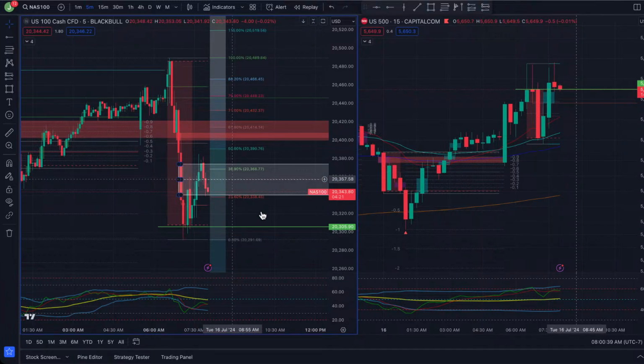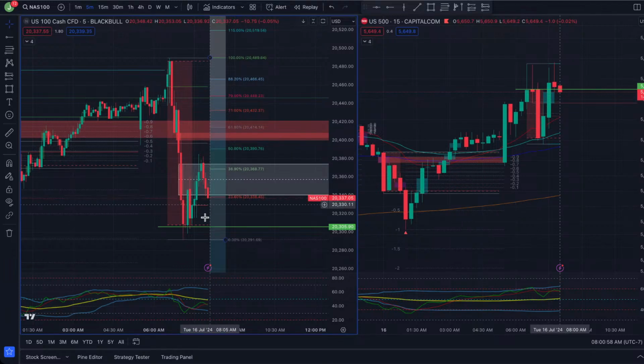So right now, the PD array switches. This becomes premium when you're trying to sell. And this is discount. Slowly we're pushing through that fair value gap now.